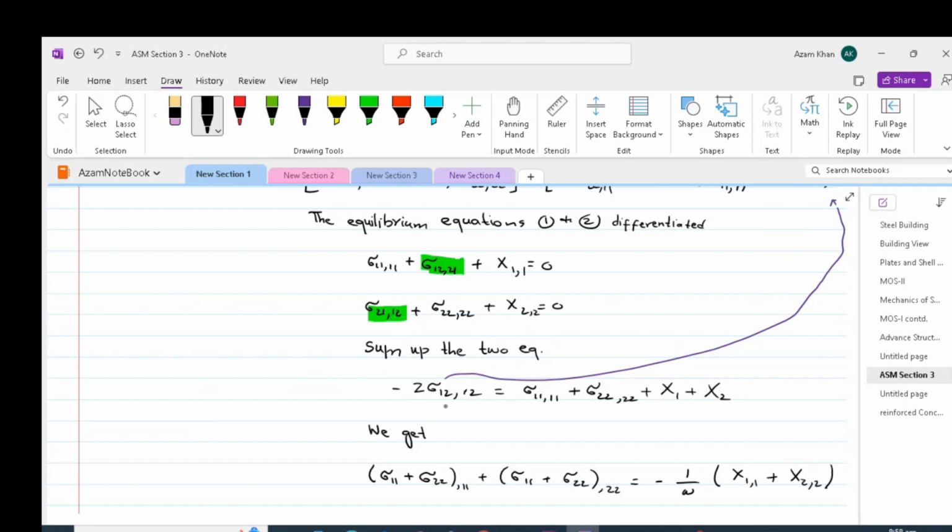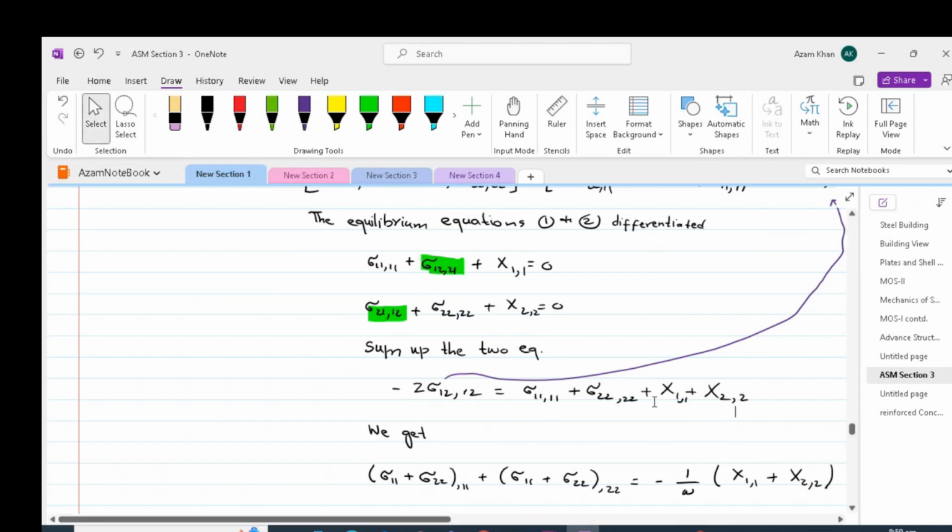Adding these two, we get sigma 11,11 plus sigma 22,22 plus the x1 body force differentiated with respect to x1 and the x2 body force differentiated with respect to 2. These stay on the right hand side, and the first two are taken to the left hand side, and therefore a negative comes.